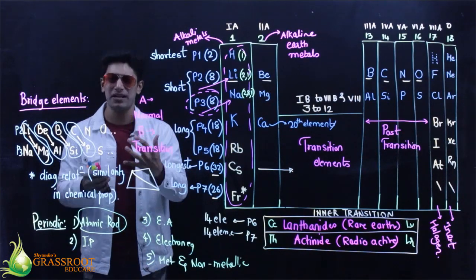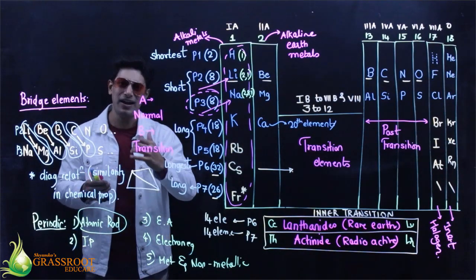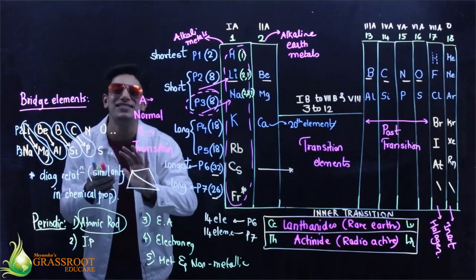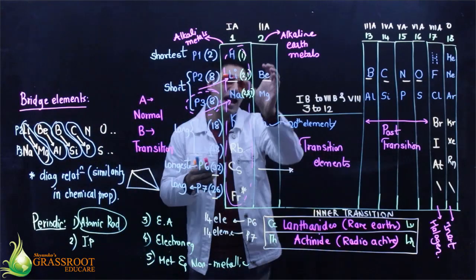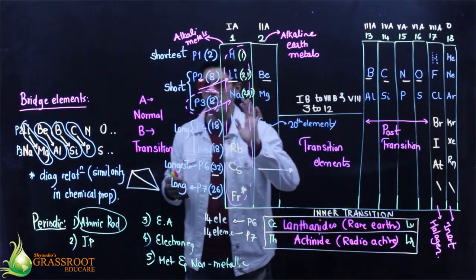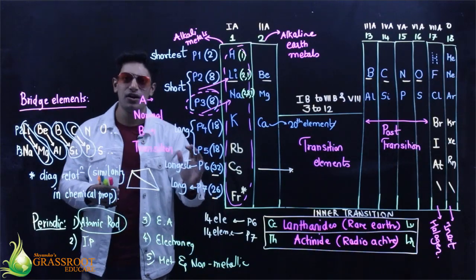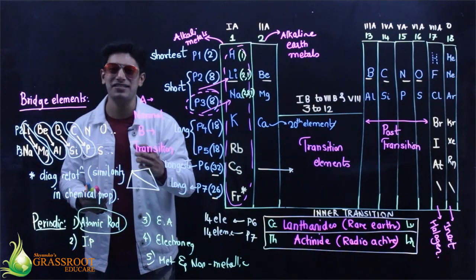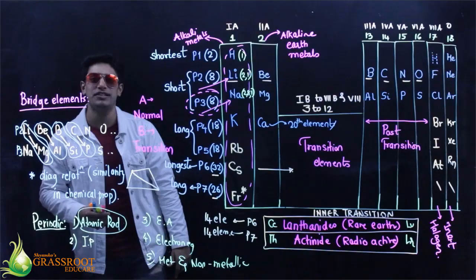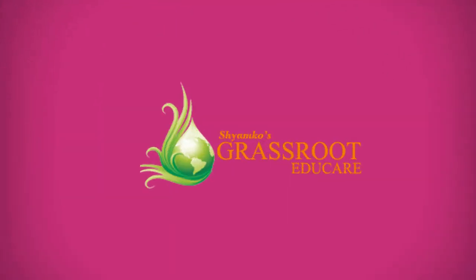Whatever I'm going to speak, that pattern remains the same for all periods and all groups. Always remember that. So just go through this. As I said, you need to know the 9th standard part. We jump to the 10th, the atomic radius.